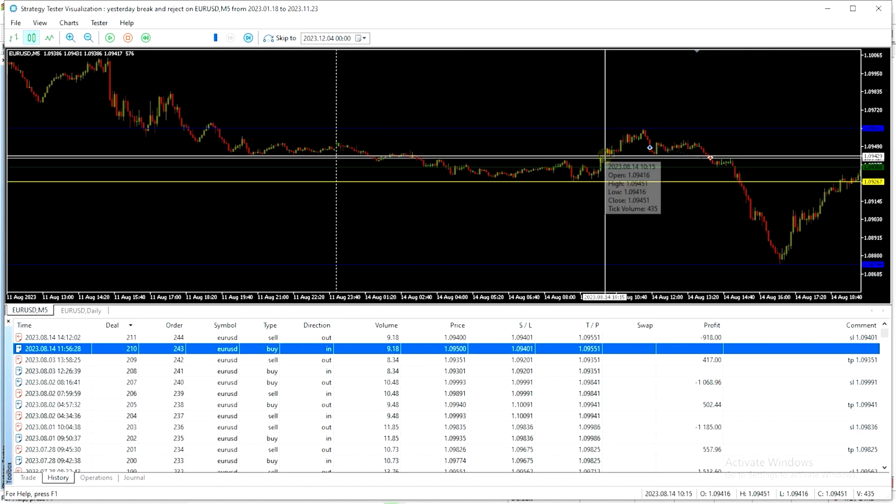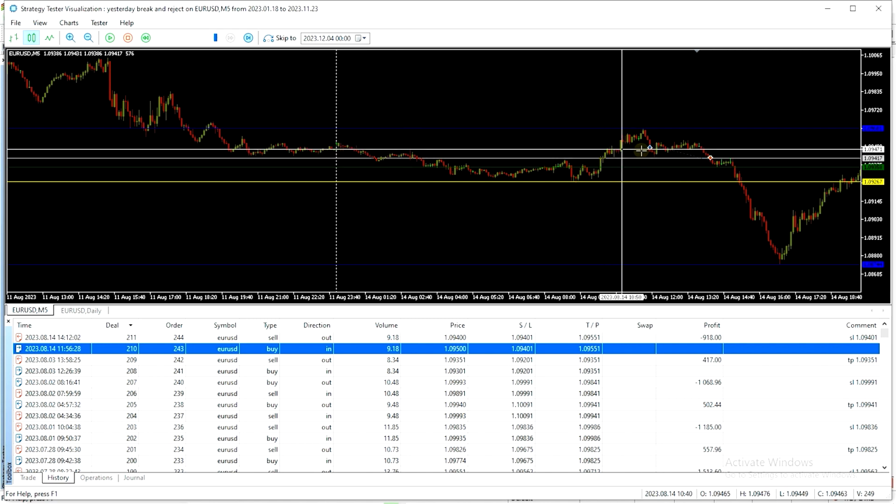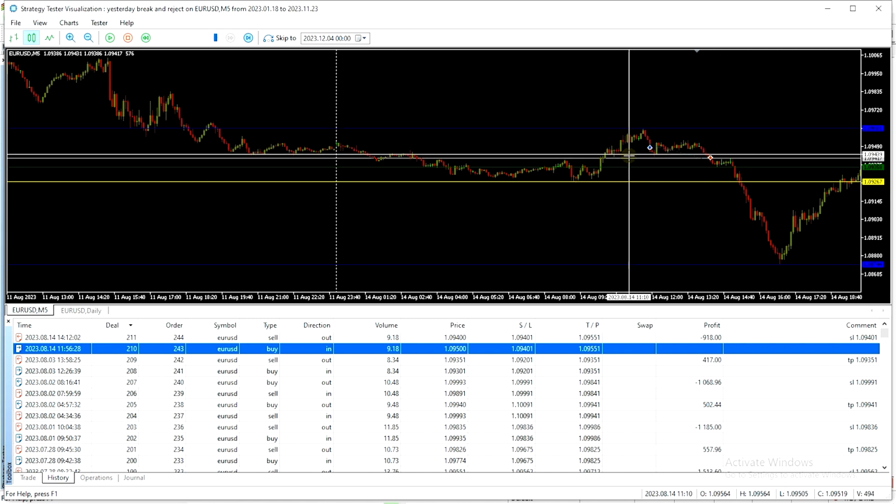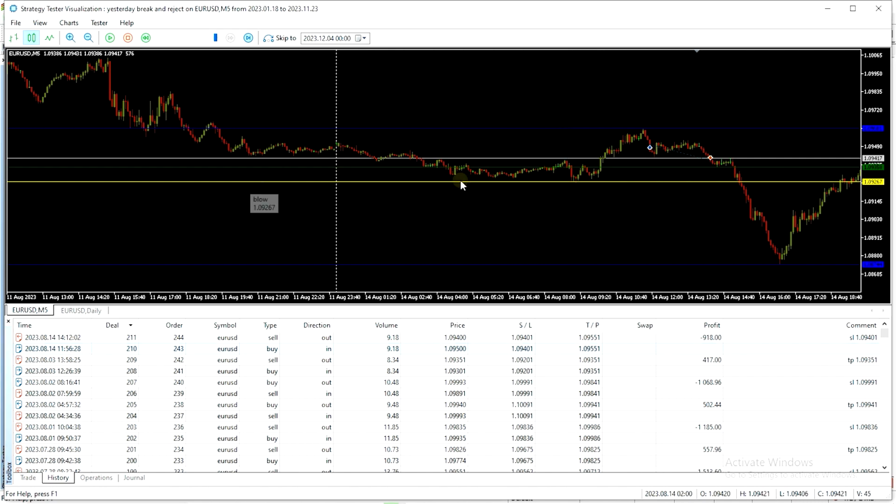So we can see price go back and create a range here and open the buy position. There's sometimes like here that a range is created and price after that goes up, and I put the code to upper limit at the low of the range, so price goes back and opened it.